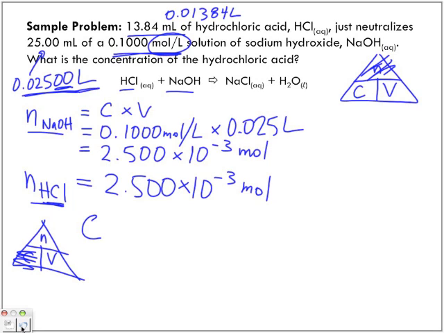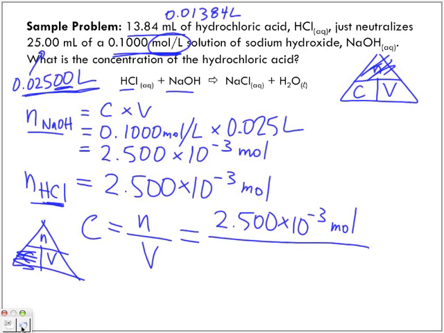So C is equal to N over V. The number of moles is what I just found, 2.500 times 10 to the negative 3 moles, divided by the volume I've been given here, 0.01384 liters.